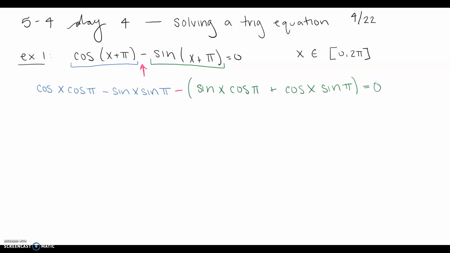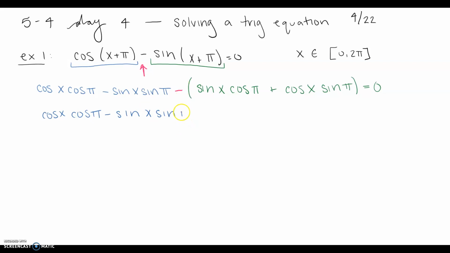And so I'm trying to solve for x. So I am going to distribute the negative next, and then combine some like terms. So this is still going to be cosine of x, cosine of pi, minus sine of x, sine of pi.